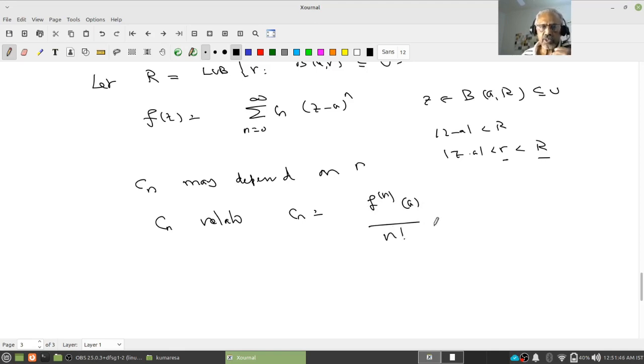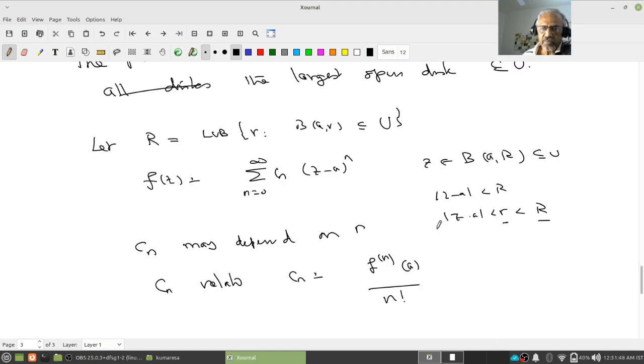Notice that f is going to be analytic. For every little r less than capital R, I have a power series expansion. That means f is analytic, and therefore f is infinitely differentiable. Therefore the nth derivative of f at a is defined. It has nothing to do with your little r or anything. Do you follow that? Therefore my c_n's are unique.